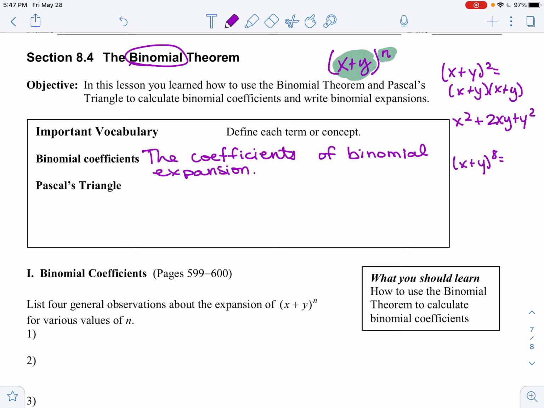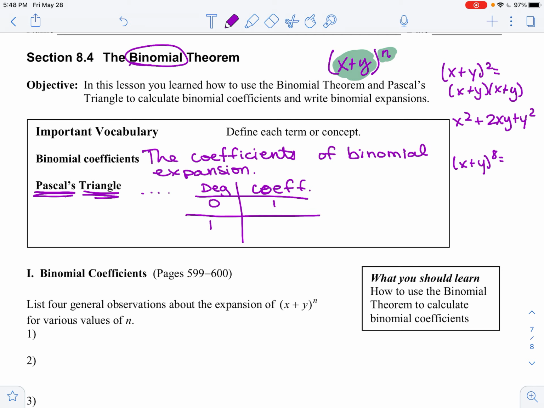Pascal's triangle is a really fun, fast, visual way to know the coefficients, or the binomial coefficients, of expansion. To do this quickly, it starts off like this, where for each degree, the coefficients, we know that for degree 0, the coefficient is 1, right?